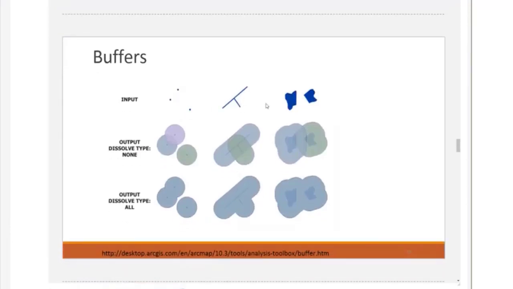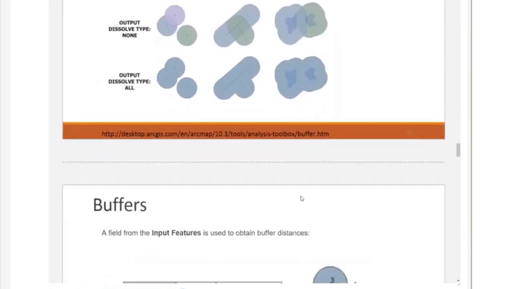If it is a point, you can create a buffer around those points and then dissolve them. You can see dissolved, that means it's aggregated the information. If it is a line, you can create the buffer and dissolve. And if we have a polygon, then we can create a buffer and then dissolve them.